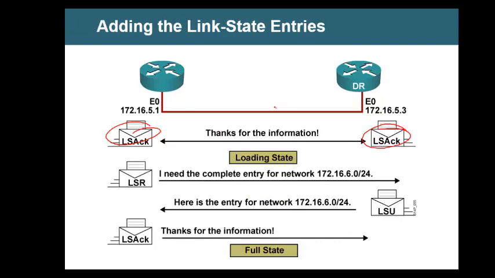Now, after that, they have some queries. So a link state request goes out: hey, I want some clarity on this network. Do you know anything more about this network? Can you explain more? And B says, okay, here is the information, the entries about that network. It's in response to the request. So we call this LSU, link state update. After a point of time, they don't have anything to query.